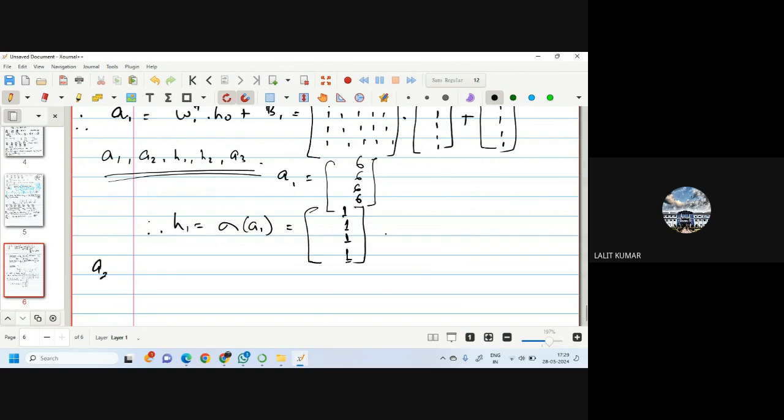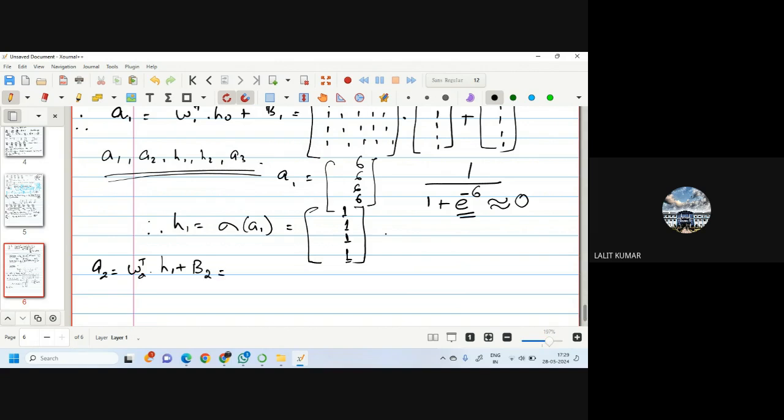Now A2 is equal to... How did you get one there? Because when sigma becomes high, e to the power minus 6 becomes approximately 0. Okay, you are taking an approximation. Then W2 into H1 plus B2.